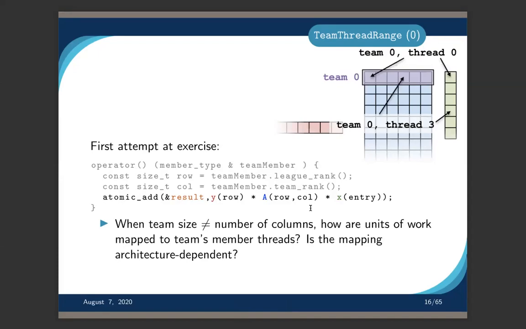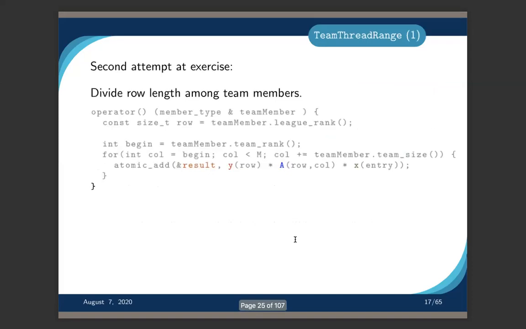In particular, if you have too many columns, you can't actually make your team size large enough. Like on OpenMP, the team size is limited to the number of threads in the OpenMP thread pool. On GPUs, the team size is limited, for example, by the maximum CUDA block size, which is 1024. The other problem is, if you did that, your data access pattern might actually be bad.